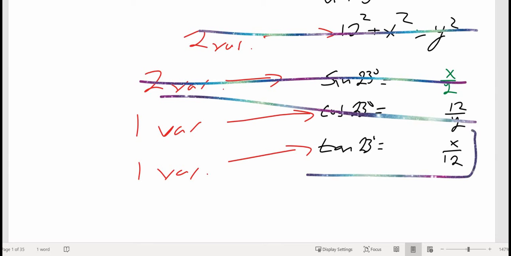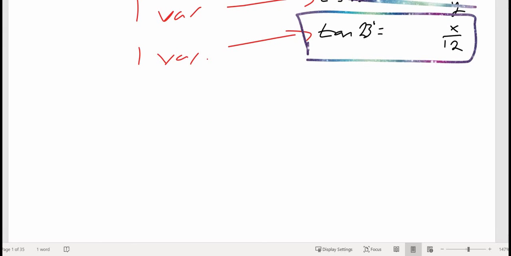So this is what I want to focus on. Now, keep in mind, tangent of 23 is a number, okay? It's a funny-looking number, okay? But it's a number, okay? So just think about it like any other number out there, okay? And remember, it's not tangent times 23, okay?